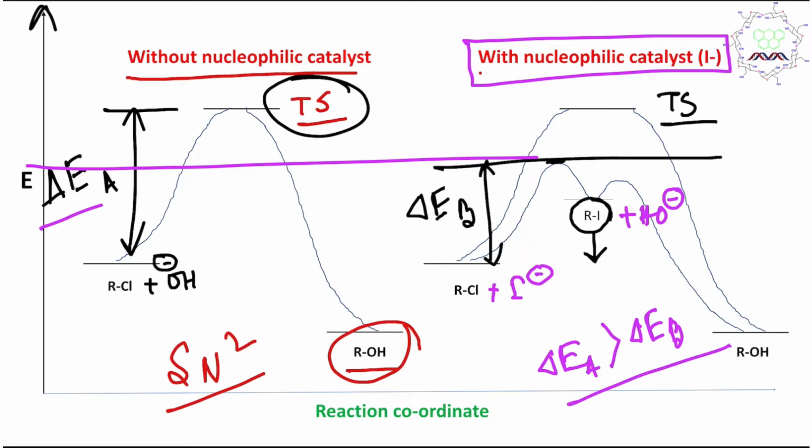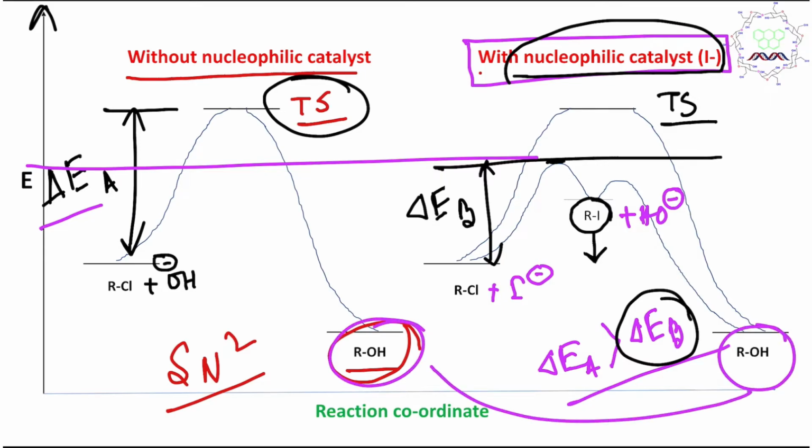So we can understand clearly that the energy of activation for this nucleophilic catalyst mediated SN2 type of reaction is less, means delta EB is less. If the energy of activation is less, then the reaction will happen at a faster rate. So that's the reason why this reaction happens smoothly, or you can consider a faster rate, and ultimately in both cases this alcohol is produced. Okay, so this is the explanation in another way.